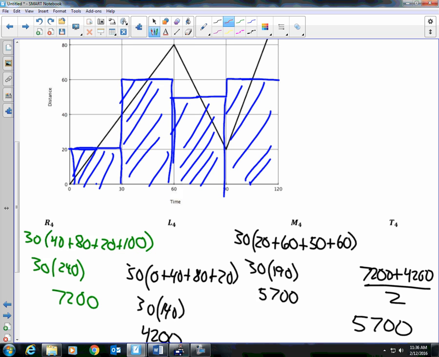Watch me draw the trapezoidal sum. I have a left-handed rectangle in red. I have a right-handed rectangle in green. In magenta, I will draw the trapezoidal.